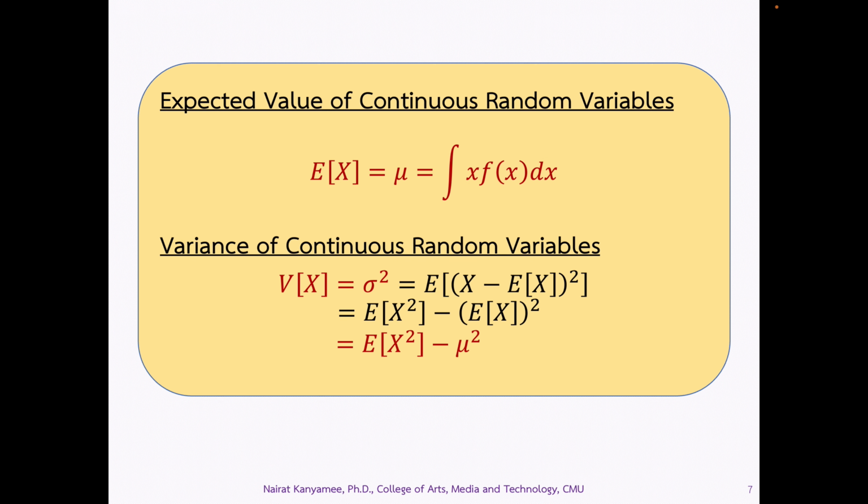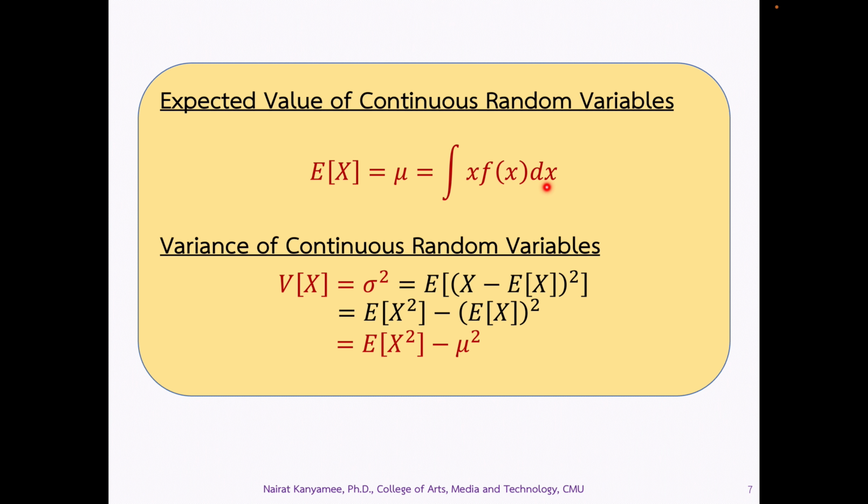For the expected value of a continuous random variable, if you want to find mu or E(X), you need to integrate. We will not talk about it because we need integration, which you haven't learned. But just for your knowledge, to find the expectation you integrate x f(x) dx from minus infinity to infinity.